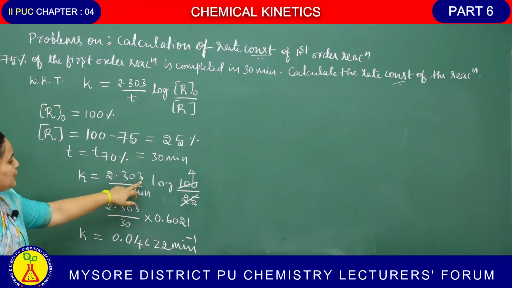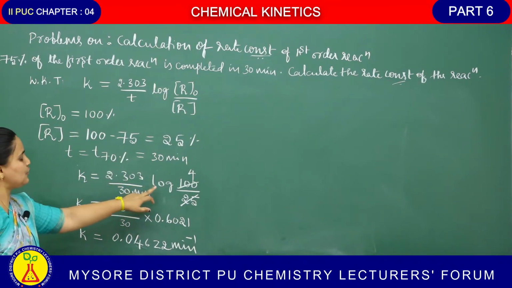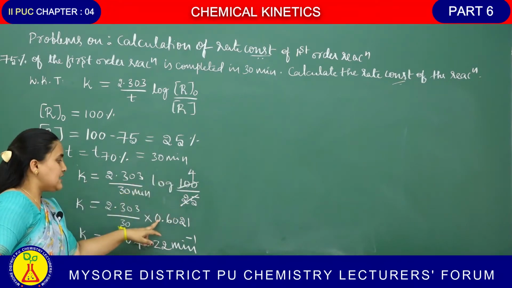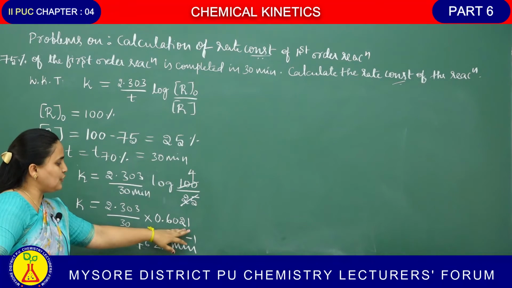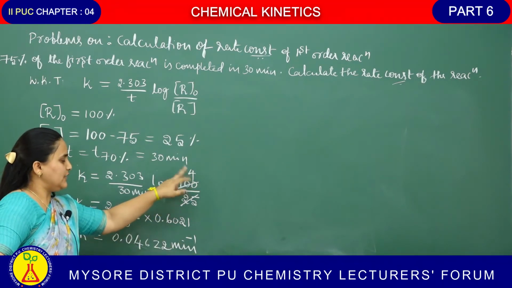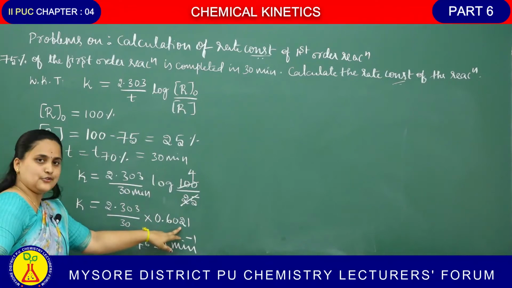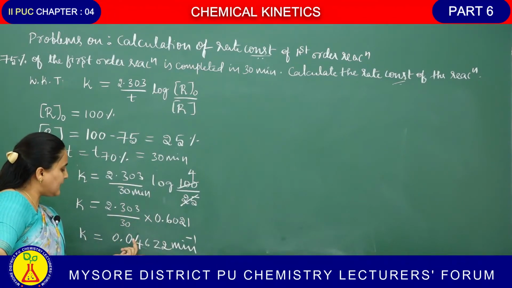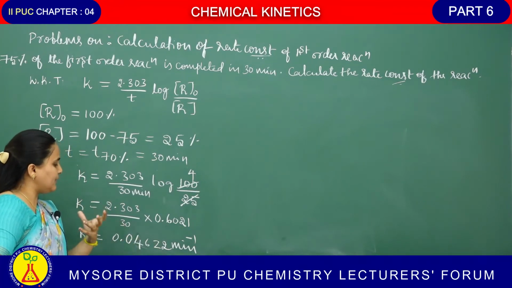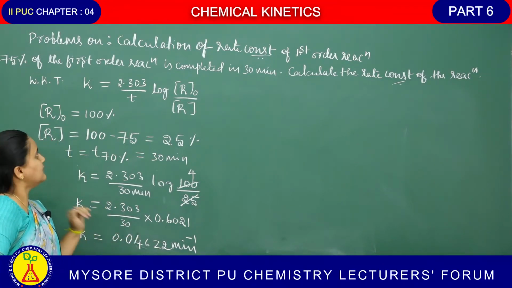Substitute the values. 2.303 divided by 30 minutes, log 100 divided by 25. 25 ones are 25, 25 fours are 100. See the log 4 value, 0.6021. Calculate, and the final answer is 0.0462 per minute.